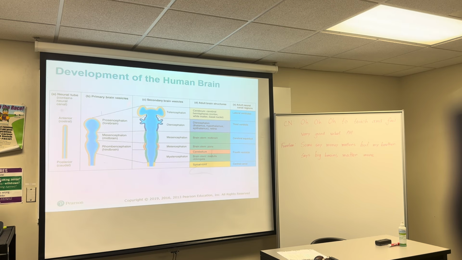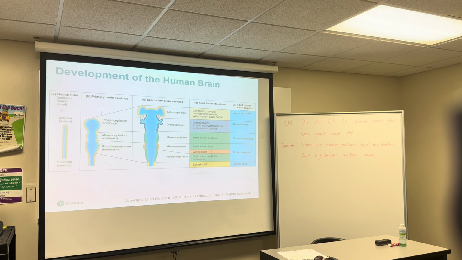Then during development you had the secondary brain vesicles: telencephalon, diencephalon, mesencephalon, metencephalon, and myelencephalon. The telencephalon will turn into the adult cerebrum, and what ventricle will it make up? Lateral ventricles. The diencephalon will turn into the diencephalon and the third ventricle.